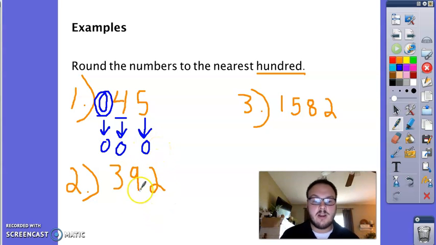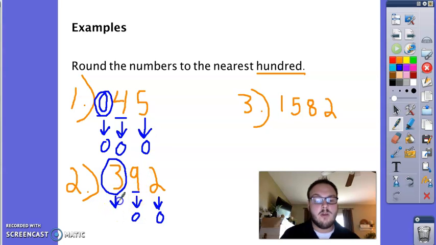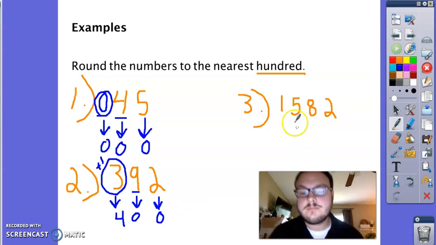Let's look at 392. Circle again, underline. Anything before the underline gets zeroed out. Whatever we underline is always going to be a 0. Follow the rule, 5 or more, or is it 4 or less? We know that 9 is in fact 5 or more, so we're going to go up the score and add 1 more to make this 400.